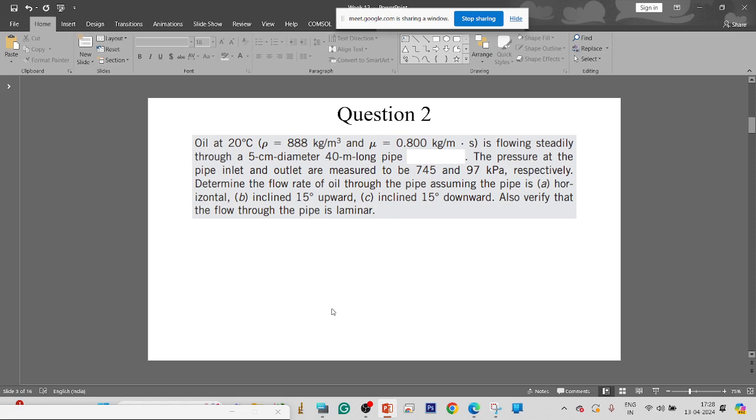Before solving this, first let us derive the formulas for the inclined pipe. This is an inclined pipe. Suppose this is a small elementary area that we have taken as dr, and this is dx.